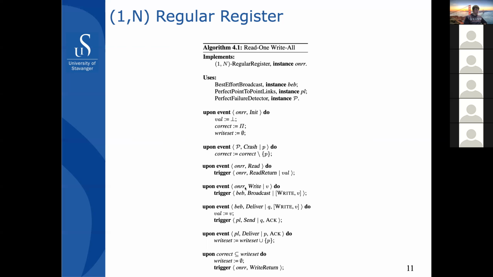Whenever the application layer wants to write a value, this value is broadcasted to all the processes, and whenever another process receives this write, it adds it to its local register and sends an acknowledgement for that value.